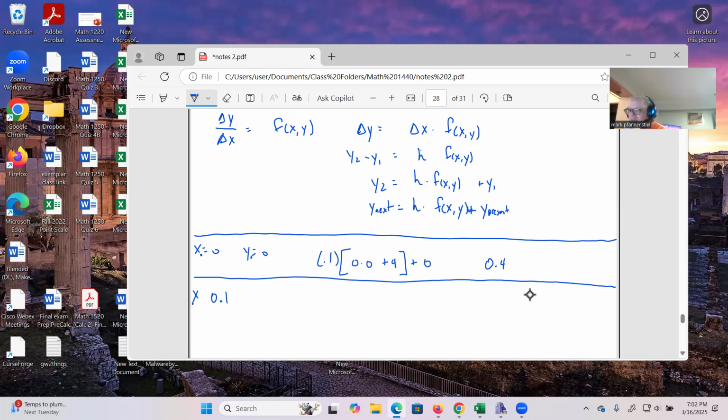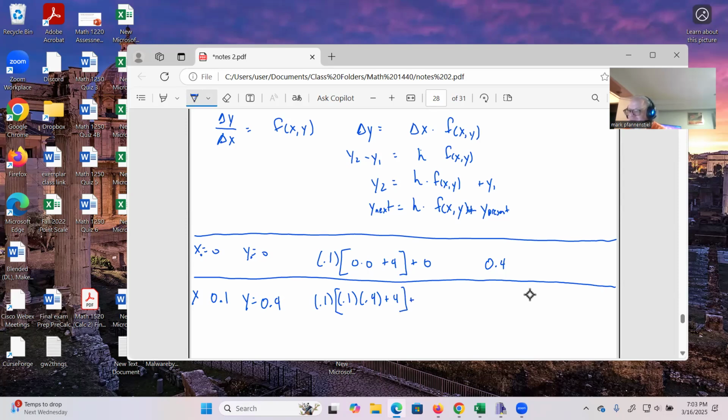My y is equal to 0.4. And then we're going to turn this crank one more time. So we have 0.1 times, and now I have xy, which is going to be 0.1 times 0.4. Let me put this in brackets because we have a plus in here. Plus 4, plus my previous y.